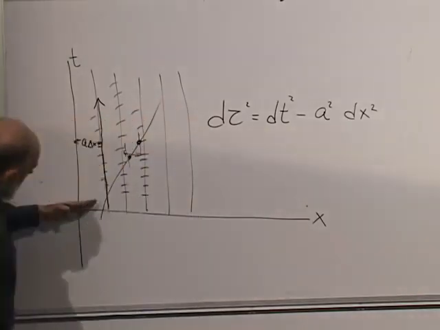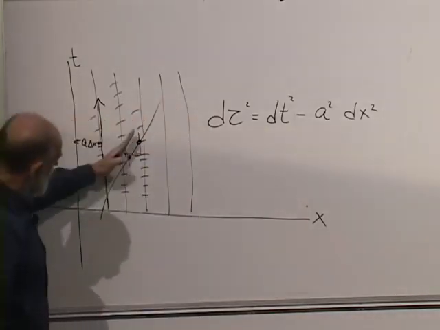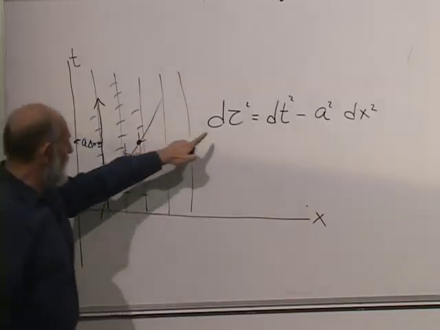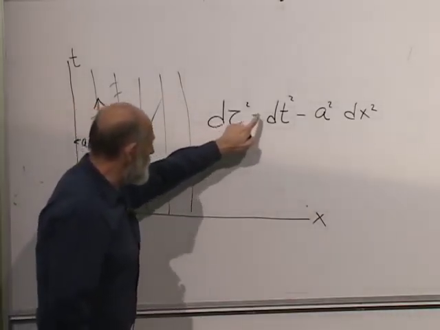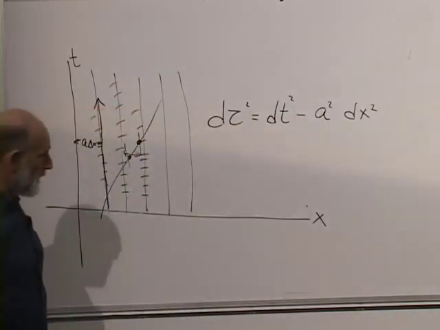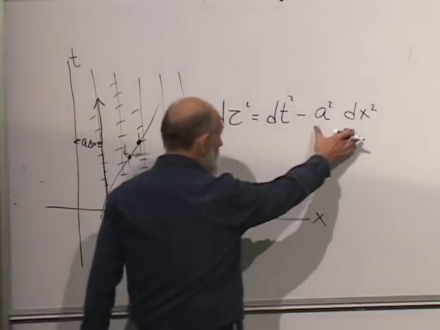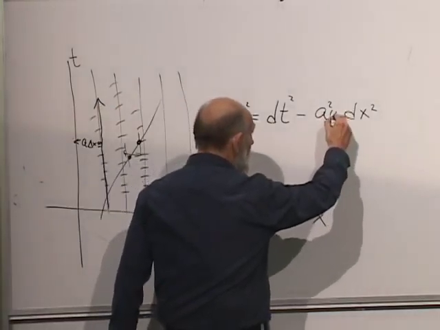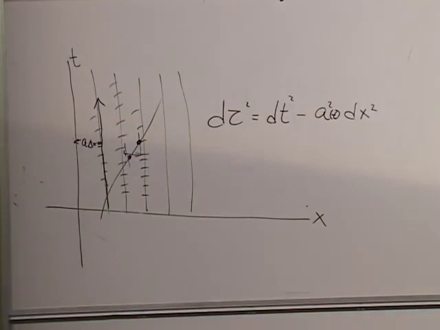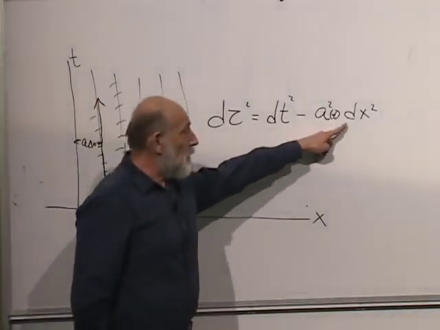But if a point is moving through the galaxies from one point to another, then the proper time is d tau squared equals dt squared minus a squared dx squared. This becomes the spatial distance, and a may depend on time. So another way of thinking about the scale factor is that it's the space component of the metric.